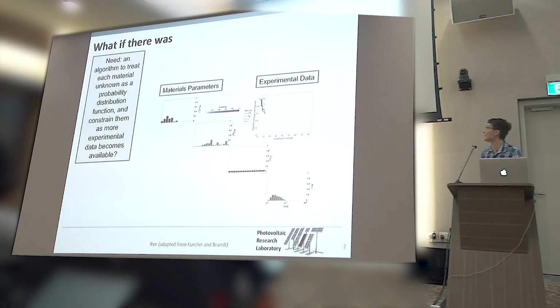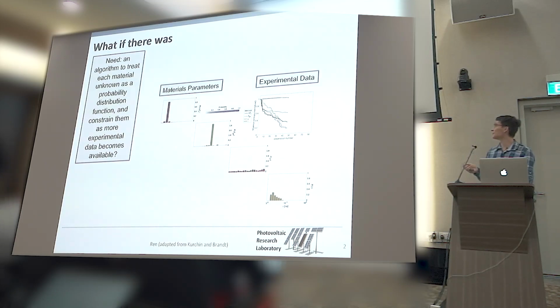So what if there is an algorithm which treats its unknown parameters as probability distribution functions instead of single values, and constrains this probability distribution as we see more experimental data?